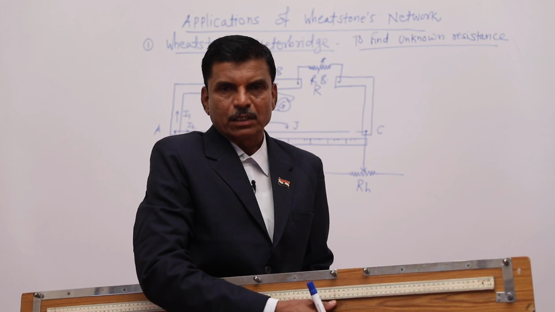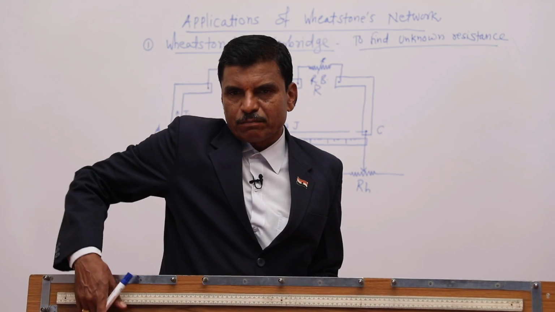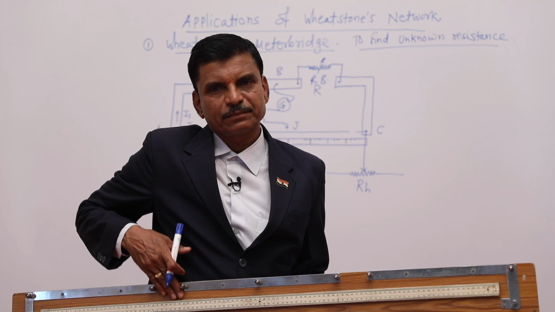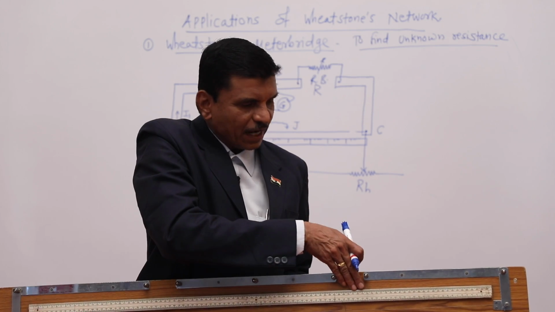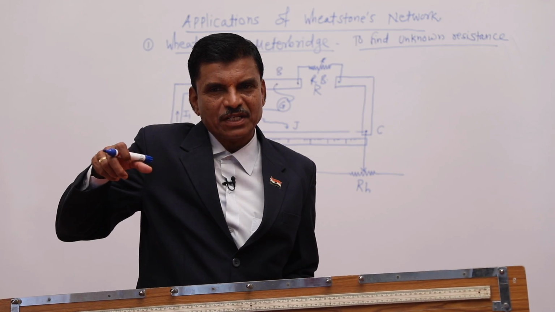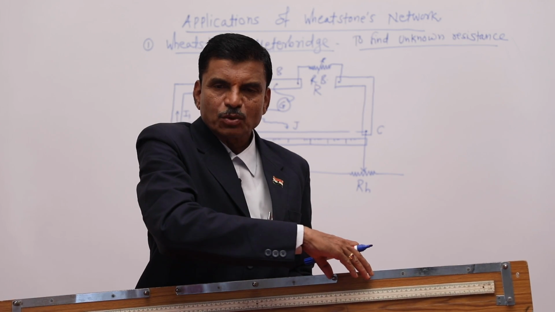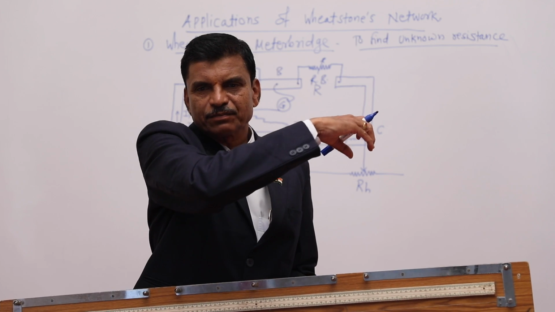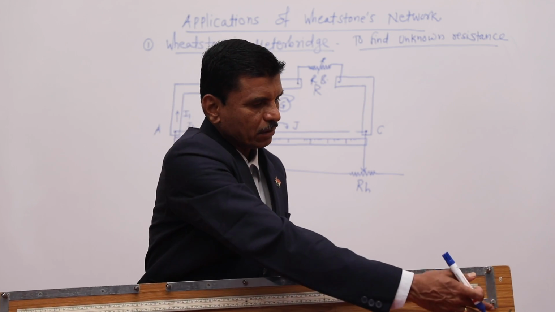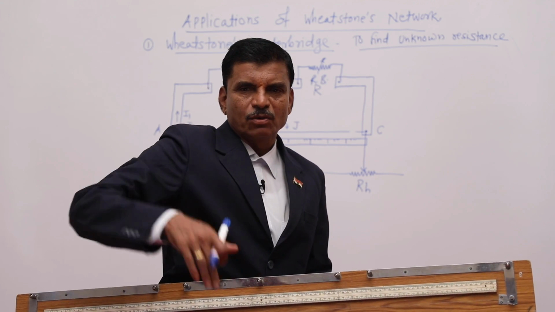This is your wire, long uniform wire from A to C. This is the left gap. This is the right gap. Here we will connect the 2 wires and resistance X is connected. Here we will connect the 2 wires and the resistance box is connected. We will take the wire from this, and the battery, key, rheostat will go to this terminal. Do you get this?